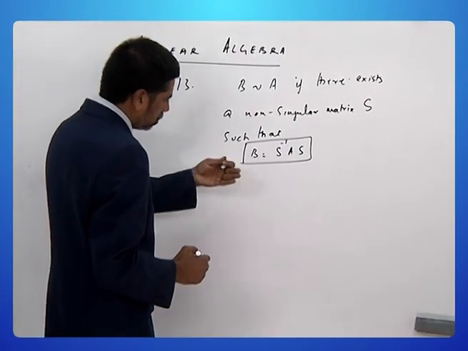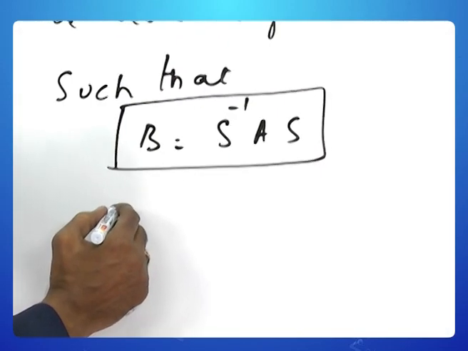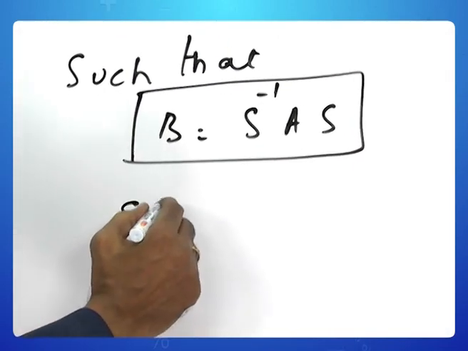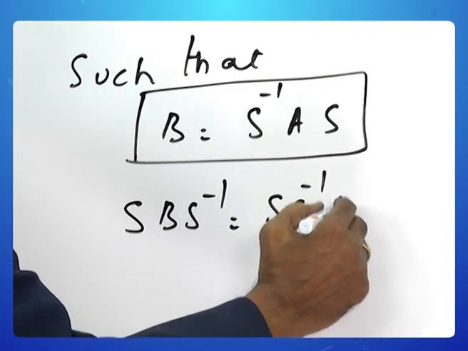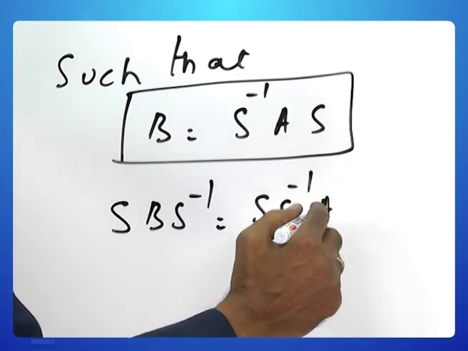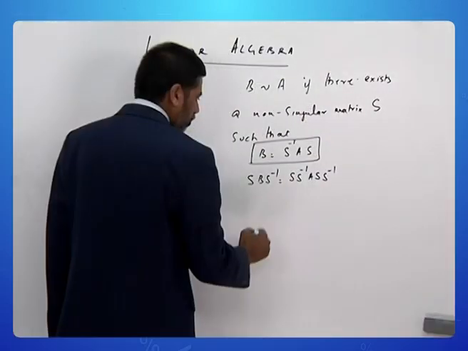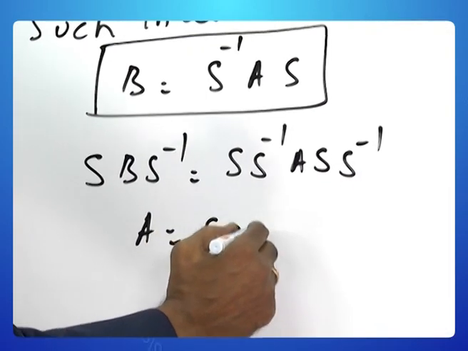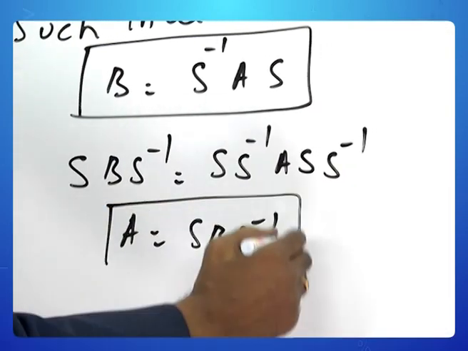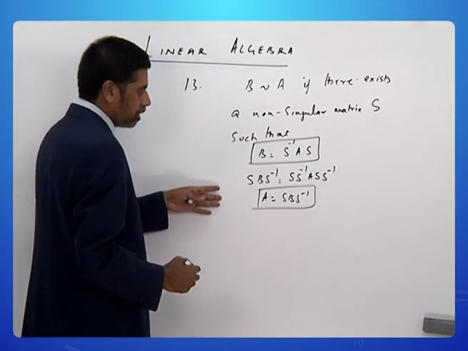Now, this can also be slightly modified. If you pre-multiply by S and post-multiply by S inverse, you will get A is equal to SB S inverse. So the options can be given either like this or like this. Both are equivalent.